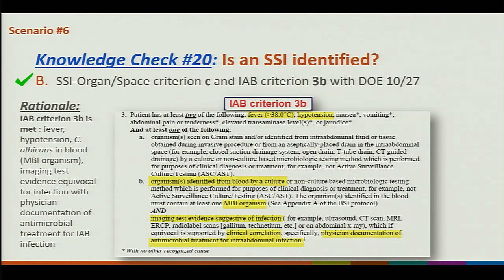And we have imaging test evidence that's equivocal for evidence for infection. It wasn't suspecting abscess, but we have that physician documentation that supports that imaging test finding. So we have physician documentation of antimicrobial treatment for an intra-abdominal infection. So this is actually meeting IAB criterion 3B, and your date of event is 10/27.